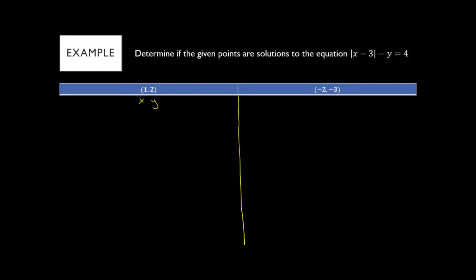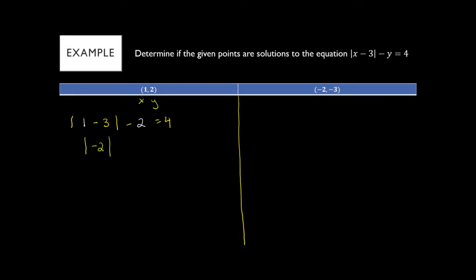I'm going to take my equation: the absolute value of x minus 3, minus y, equal to 4. I'm going to plug in my x value, which is 1, because that's the first number in the ordered pair, and then my y value, which is 2. Now I need to use the order of operations on the left to simplify. First I do inside the absolute value, which is 1 minus 3, which is negative 2.